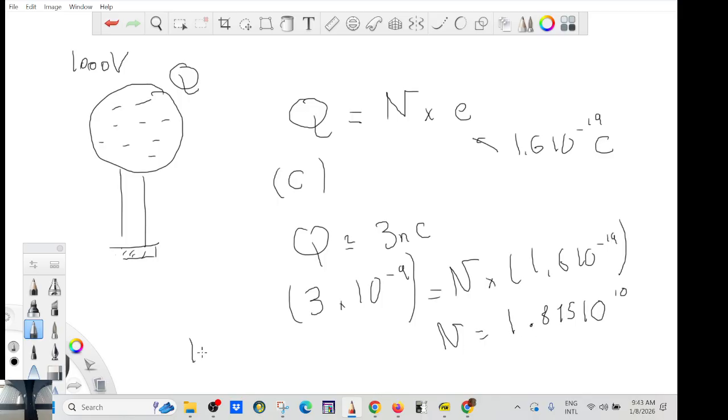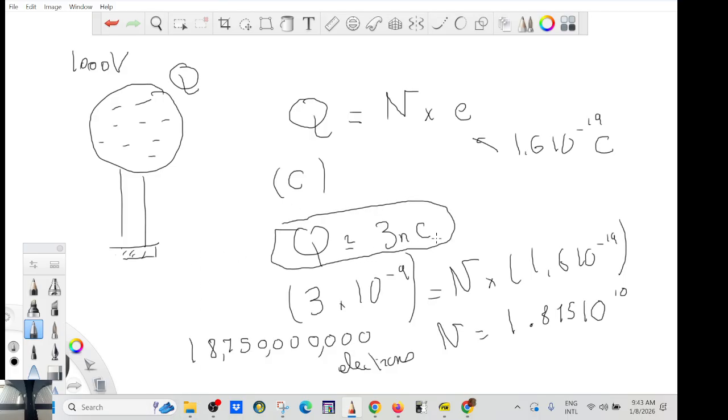It will be 1, 2, 3, 4, 5, 6, 7, 8, 9, 10 electrons. That's a lot of electrons, but the charge altogether will be only in nanocoulombs.